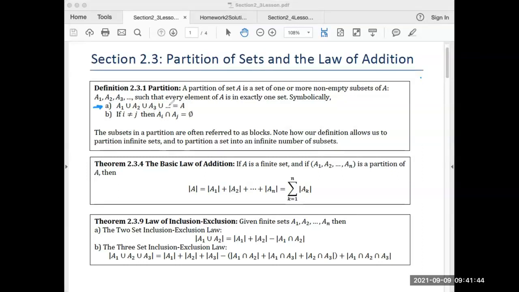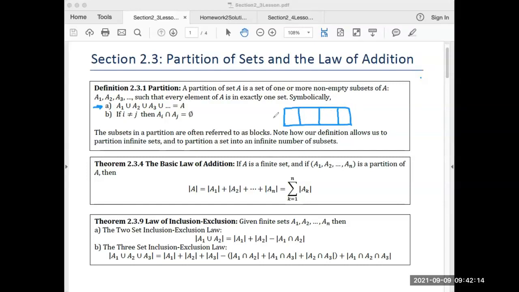So you basically don't want to be missing any elements. If you just want a visual, if I have the universal set, this is your yard, and you want to divide it up into different sections. So all of these are subsets of your yard. You might have them for different purposes.